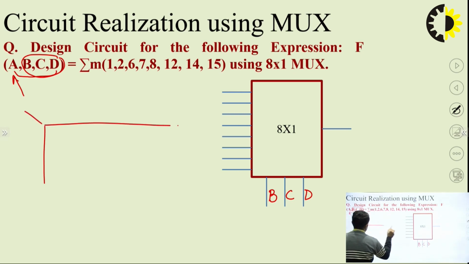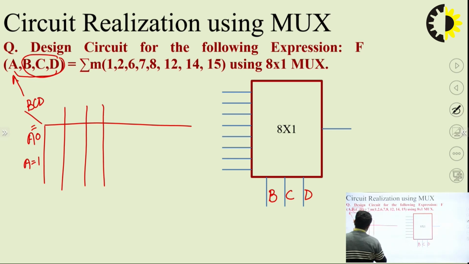So we can perform it like this: A is equal to 0 and A is equal to 1, and B, C, D are going to be used for operating the multiplexer.